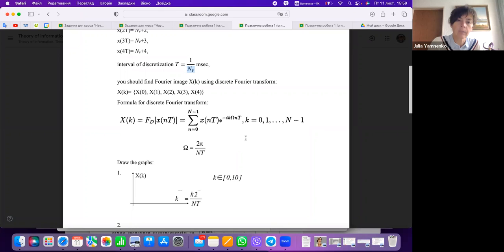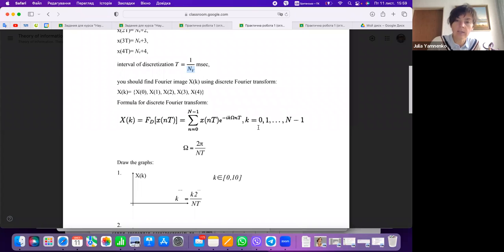And these values could be, in the general case, complex values because we have a complex unity here. Only if k is equal to 0, we will obtain e exponent in the power 0, so it will not be a complex value, it will be just an integer number.